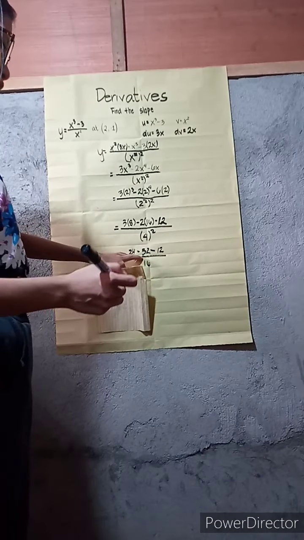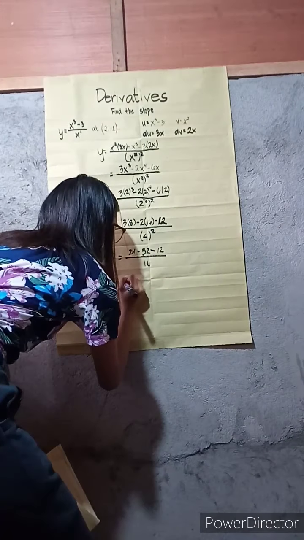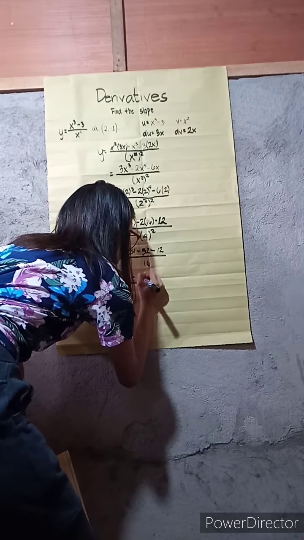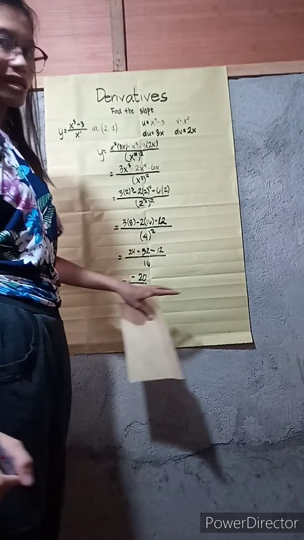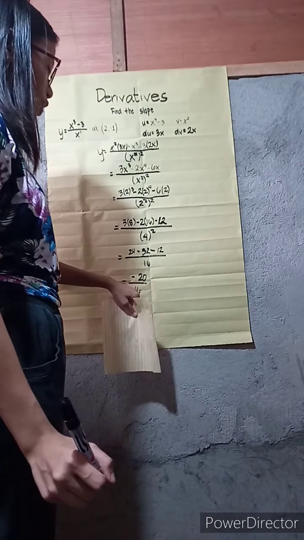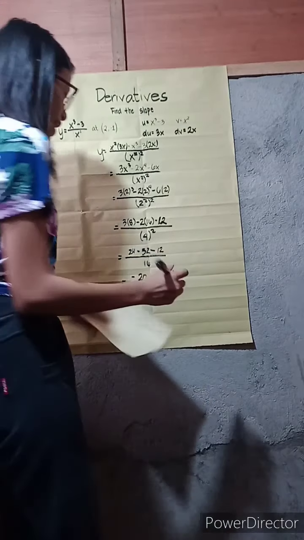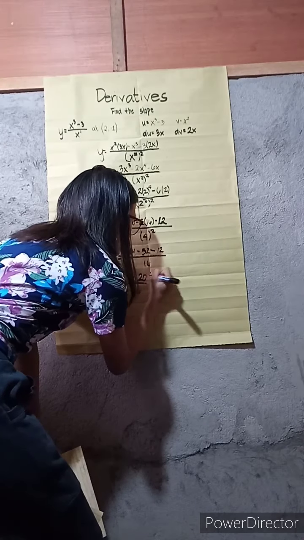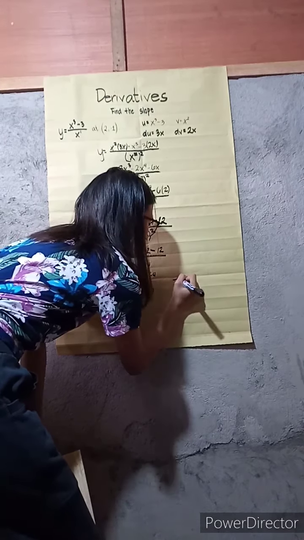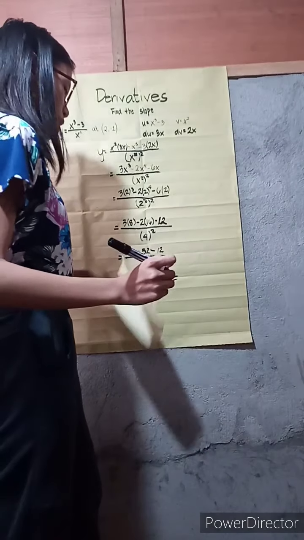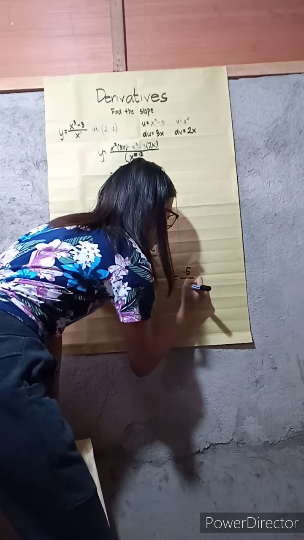So 24 minus 32 minus 12 is equal to negative 20 over 16. So negative 20 over 16 can be simplified. So this will be divided by 4 and this will be divided by 4. So our final answer will be negative 5 over 4.